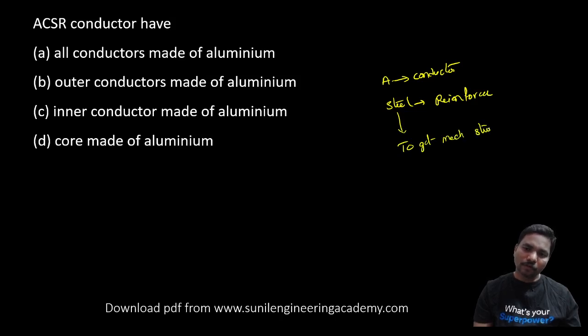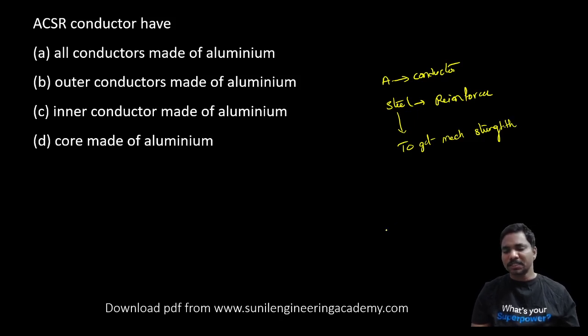We know very well the aluminum's mechanical strength is not that much, not stiff. If you go with steel, it has high mechanical strength. So that's why we go with aluminum conductor, steel reinforced. So aluminum is the conductor, which carries the main current.